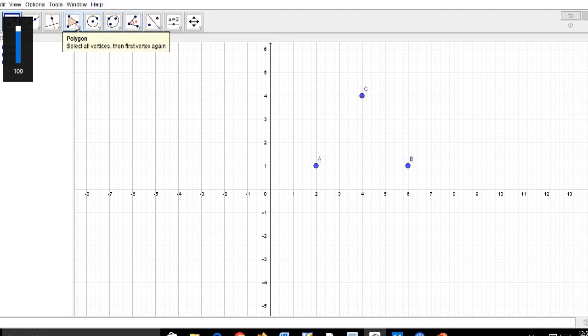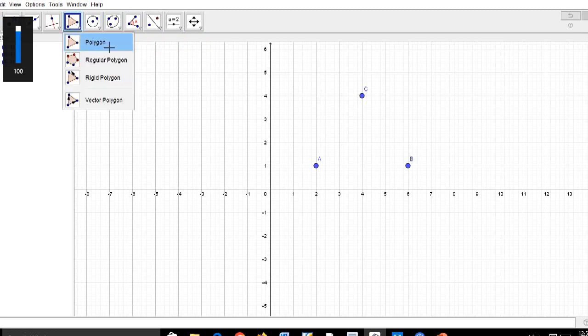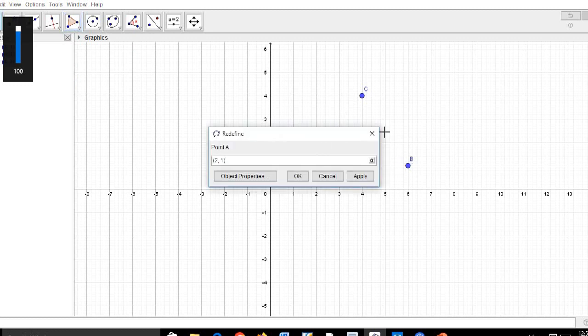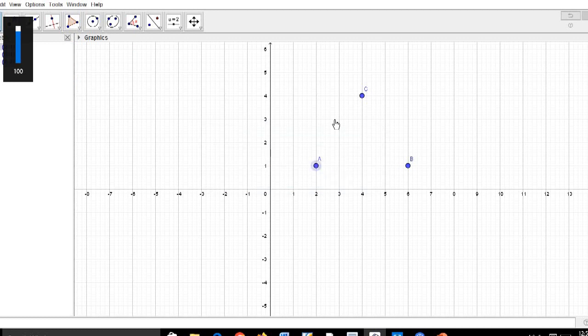Okay, so we link our triangle, which gives us 2 1. Linking our triangle, we have these points.